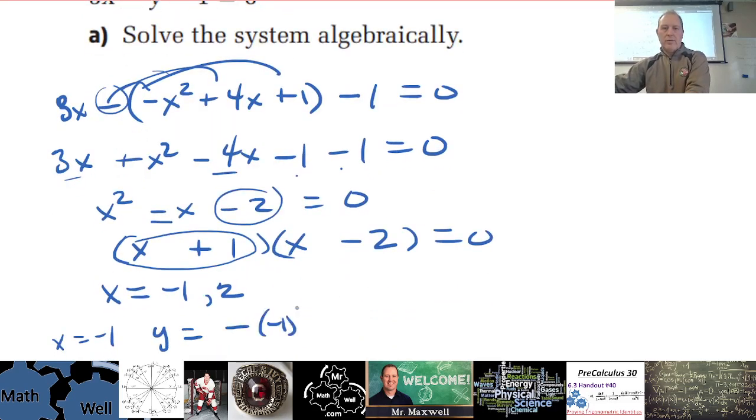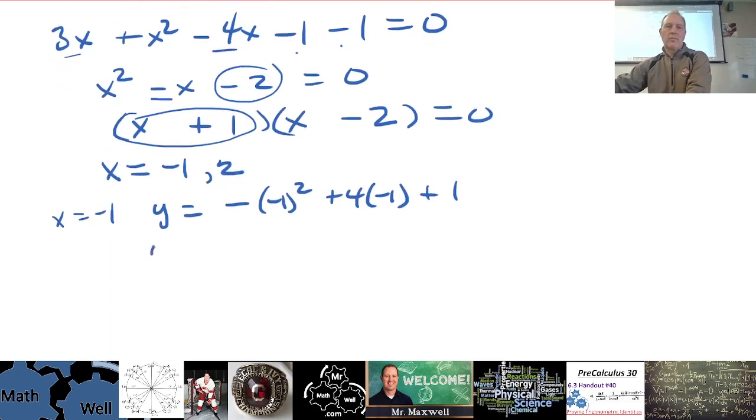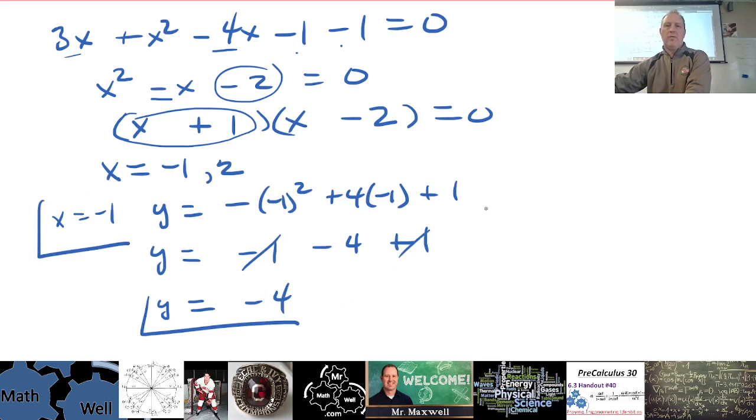negative 1 squared plus 4 times negative 1 plus 1. Negative 1 minus 4 plus 1. If I've copied this down correctly, it looks like negative 4. So we have x equals negative 1, y equals negative 4.